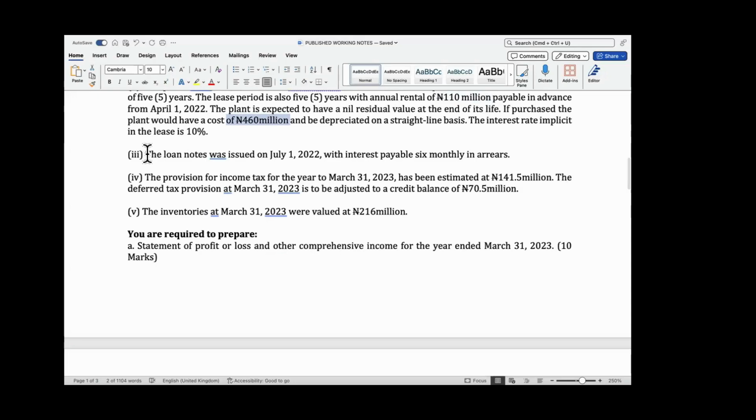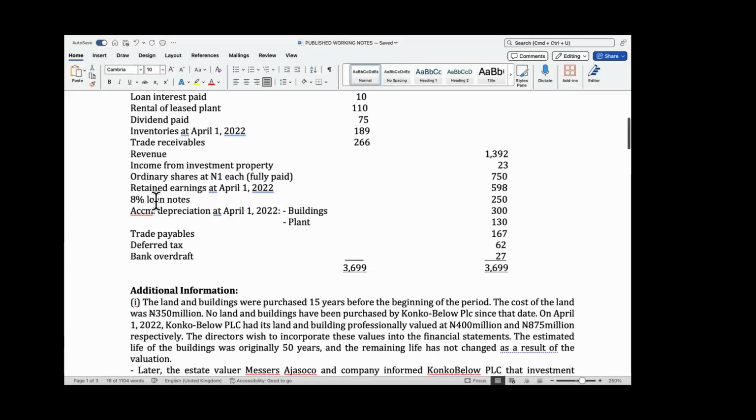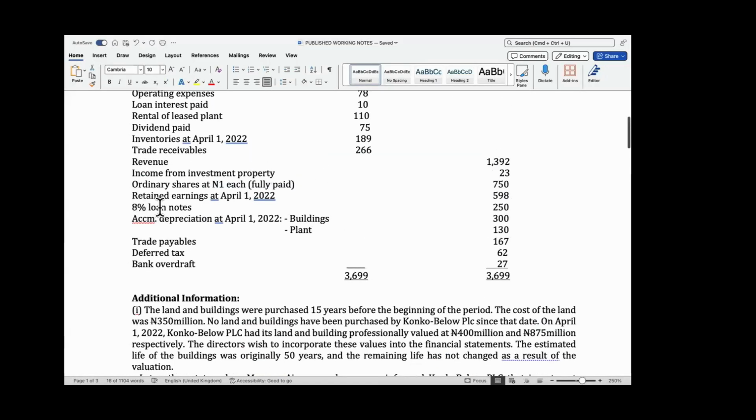Thirdly, I was told that the loan note was issued on July 1st, 2022 with the interest payable 6 monthly in arrears. So now they are telling me what I've already noted, because I noted that the interest they paid was lower than the interest that is due.